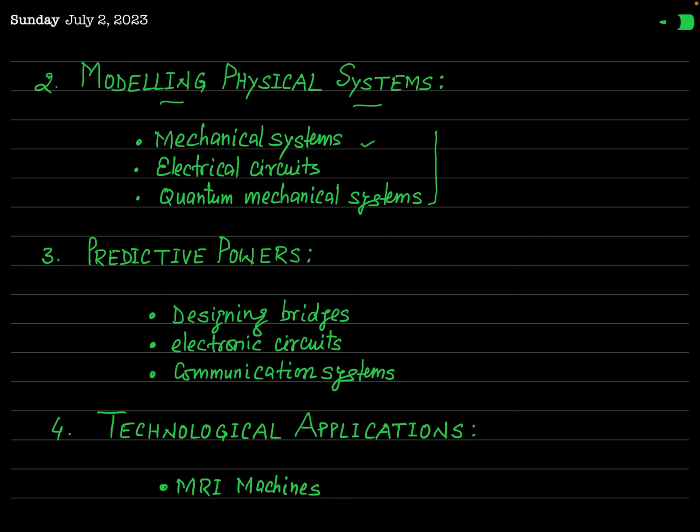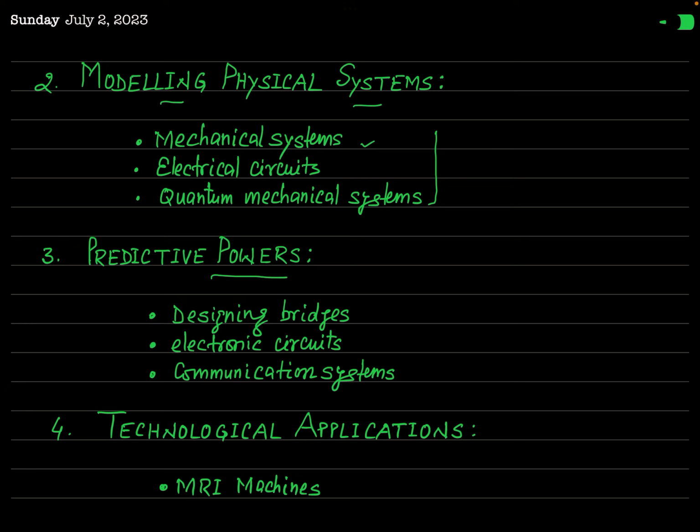The next aspect which explains the necessity of the study of waves and oscillation, you can say it is predictive powers. Okay. Actually, the mathematical models used to describe oscillations and waves allow physicists to make predictions about the behavior of the system.